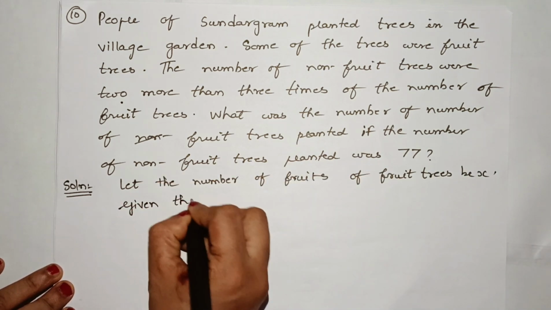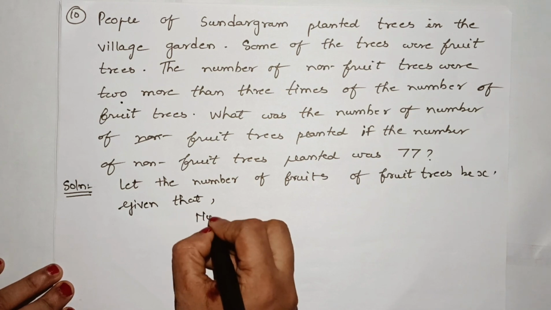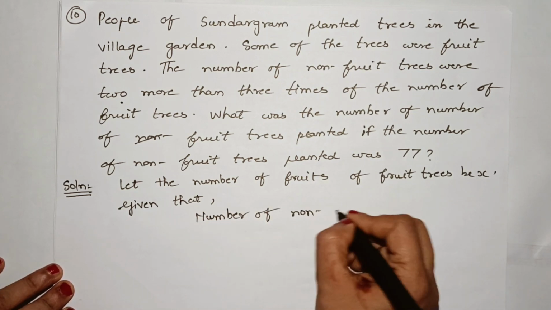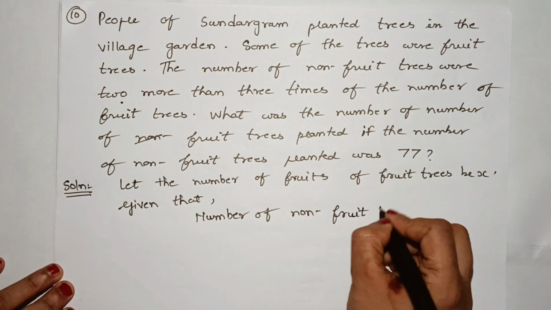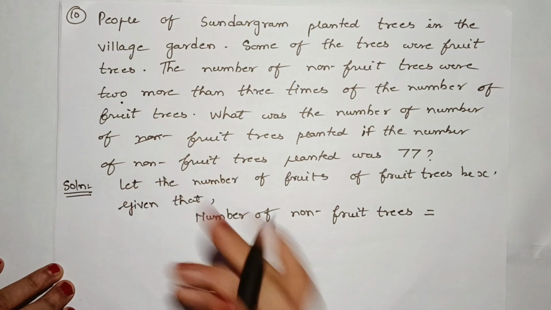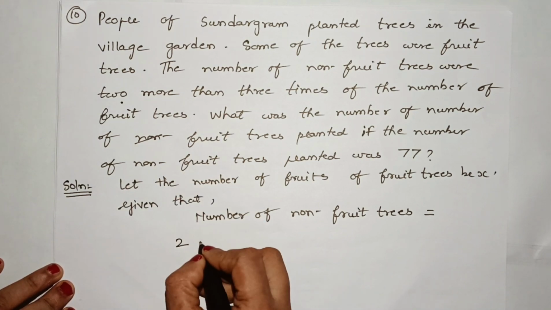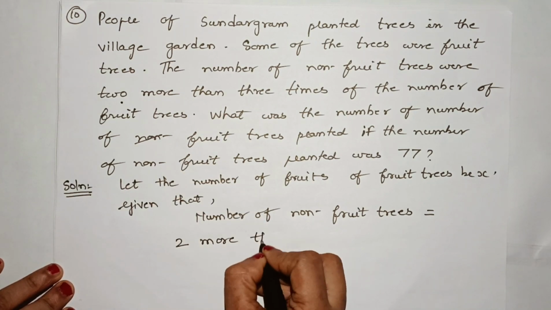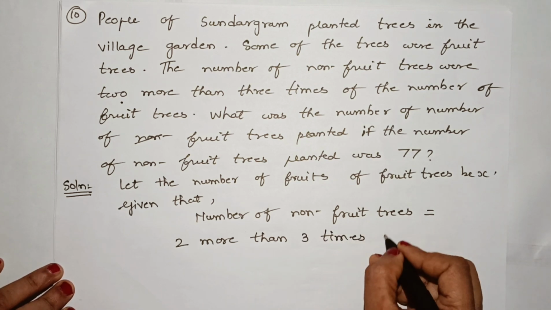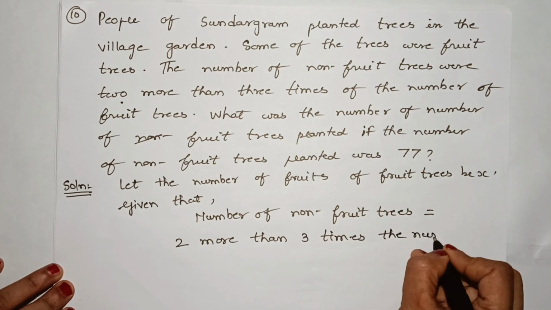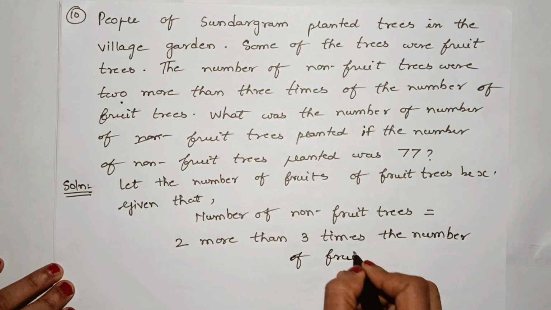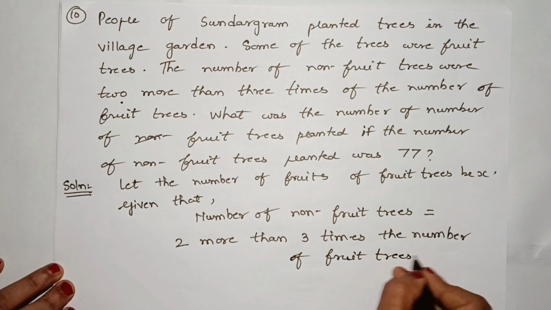Given that the number of non-fruit trees equals 2 more than 3 times the number of fruit trees.